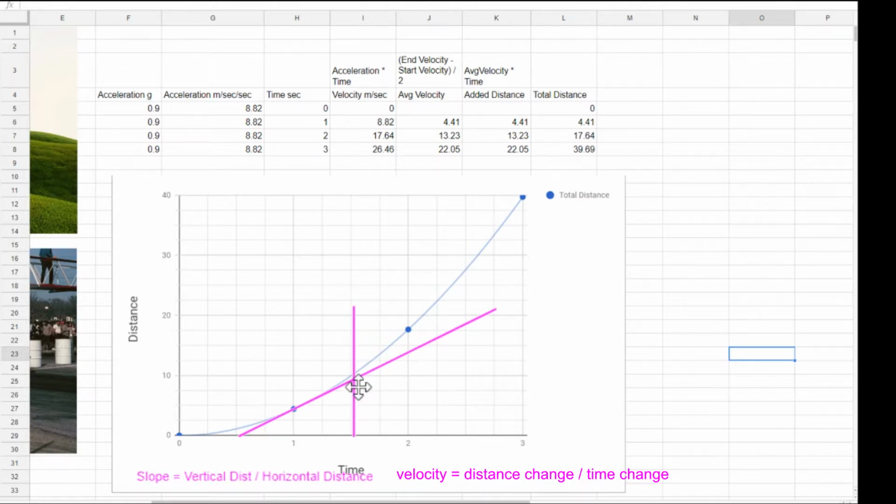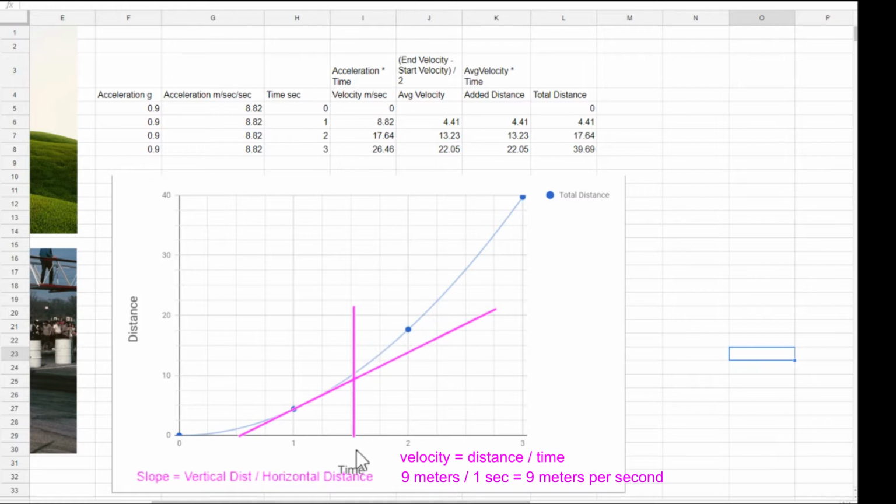The vertical distance is this distance here. Okay, so that puts us, I don't know, someplace around 9 or so meters. The horizontal distance is 1 second, and we adjusted it so that it was exactly 1 second. So that gives us our velocity, as good as our estimate is, here at 9 meters, the vertical distance, per 1 second, the horizontal distance, or 9 meters per second.